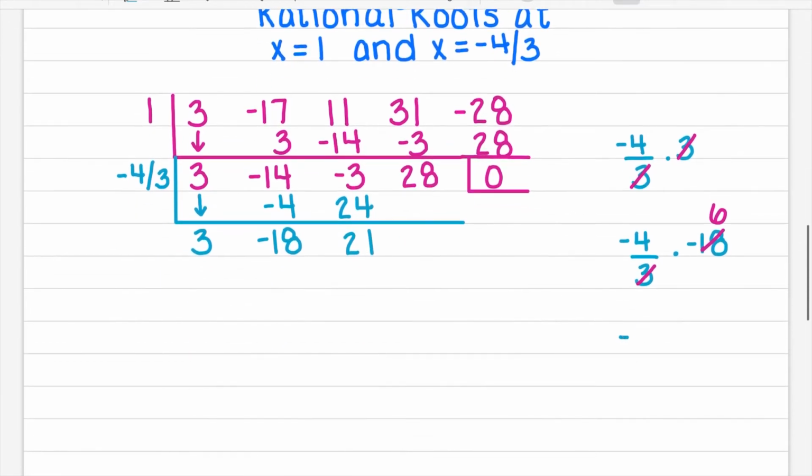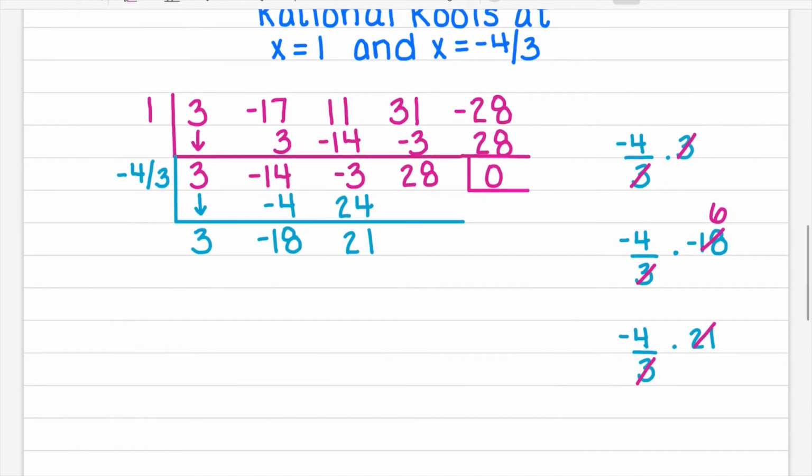Okay, again, now we have negative 4/3 times 21. 3 goes into itself once, 3 goes into 21 7 times. So you're left with negative 28, which is perfect because when you add 28 and negative 28, the sum is 0. Okay, which means that negative 4/3 is a root.